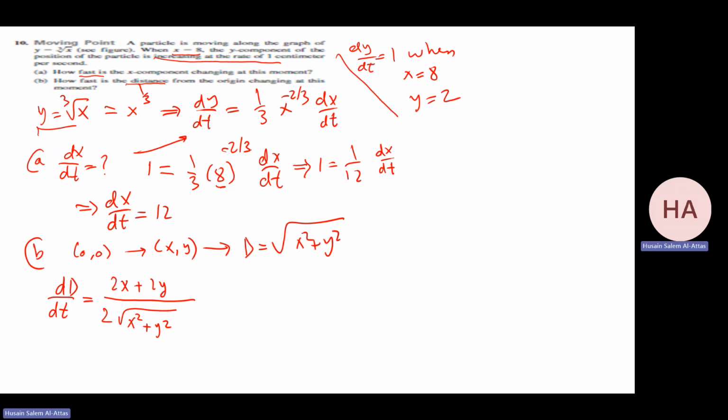Now, just substitute. The rate of change, in terms of t, is 2x dx by dt plus 2y dy by dt.